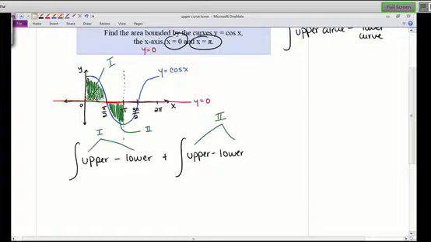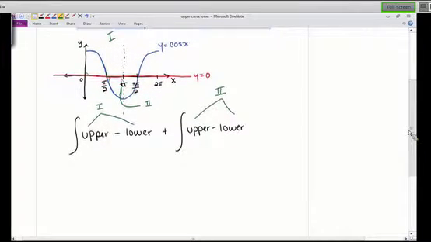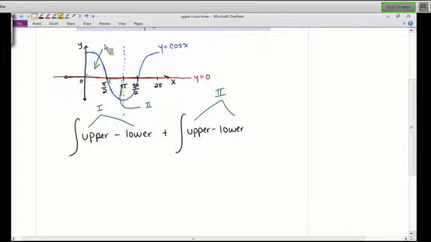All right, I'm just going to erase the shading just so when I identify my upper and lower. Okay, so identifying in the first shaded region, it's the integral of the upper minus the lower. Now, what's our upper curve in the first shaded region?